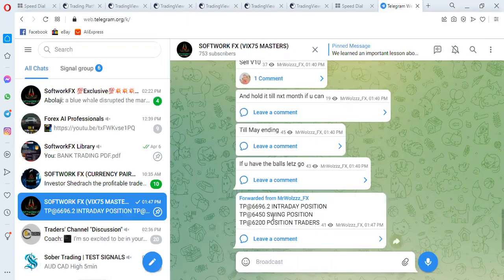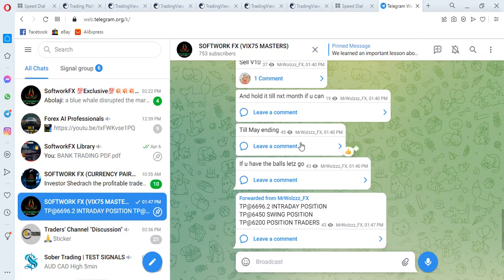I told you I dropped 3 positions: an intraday position, a swing position, and a TP for position traders as well. Position traders are those that intend holding it for months. If you intend holding it for just a few weeks, that's a swing position. If you intend holding it just within the next 24 hours, you can see this on the Telegram channel. We drop free trades and everybody benefits from it.